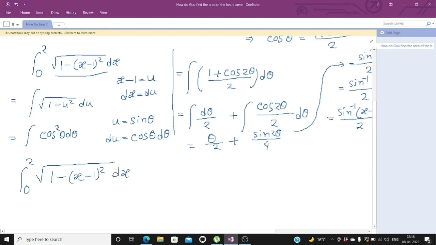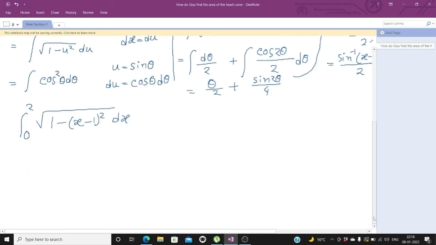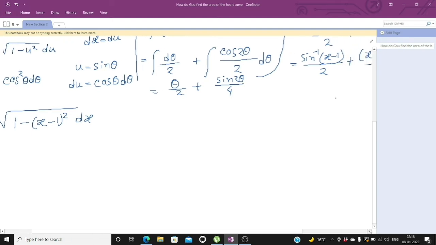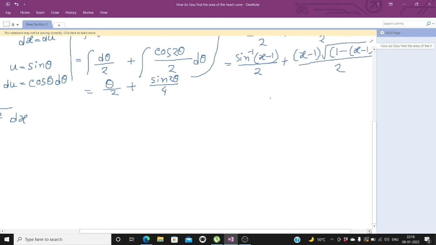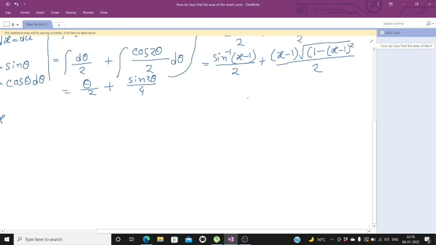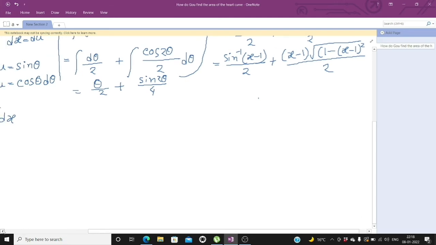So now we are going to put those limits in our functions. If I put those limits, what are my results? My results are something like this: sine inverse of (x minus 1) by 2, and this guy.